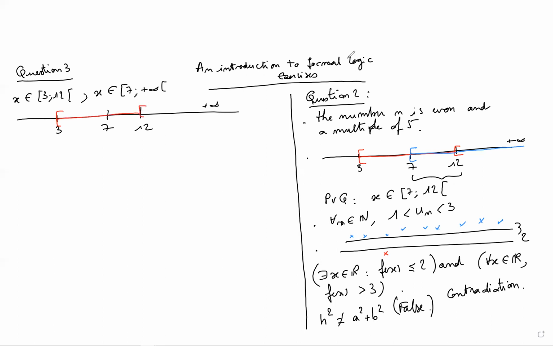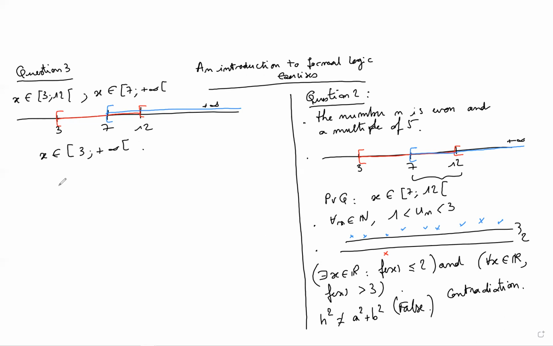Between 7 and infinity, and I don't take infinity. And the word is or. It's a disjunction. It has to be in the red or in the blue or both, remember. So your disjunction would be x is in the red or in the blue or both, which is in this range.